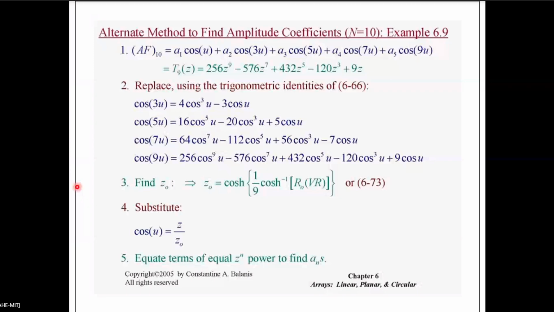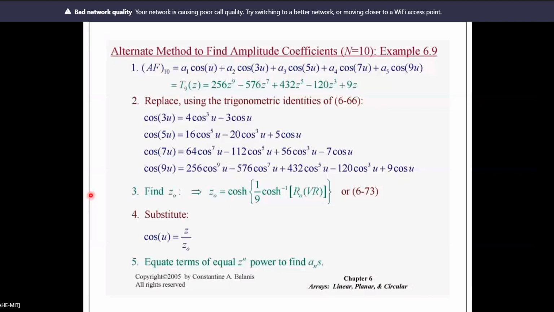Okay, next step. Third, find Z0. Third step, find Z0 from R0. The equation was given to you.